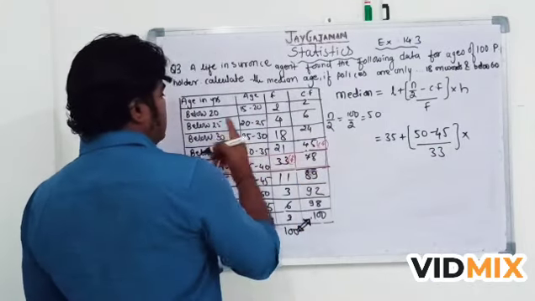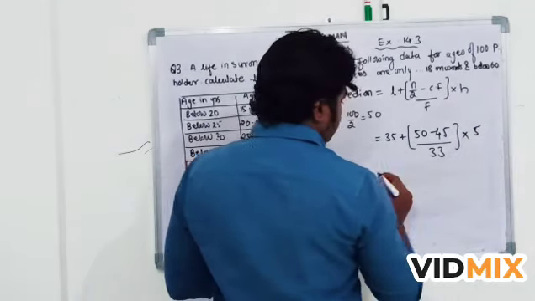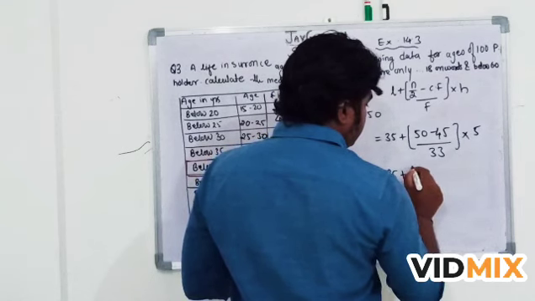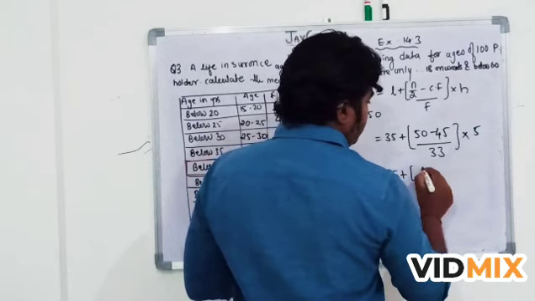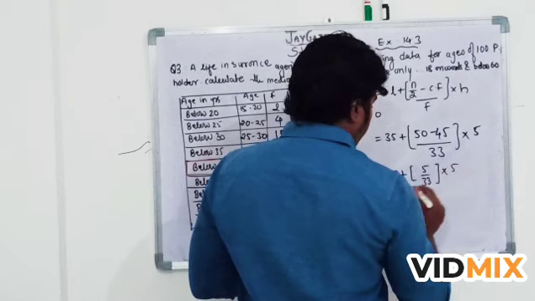What is the class size? Class size we have taken 5, so that will be 5. So this will give you 35 plus 50 minus 45, that is 5, upon 33 into 5.